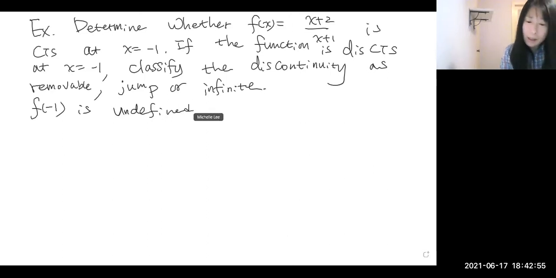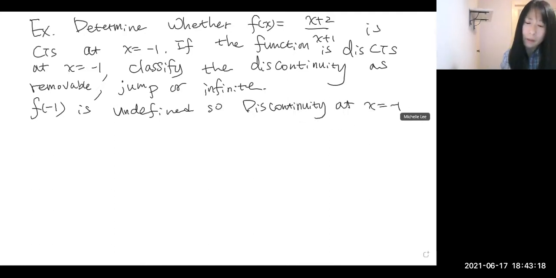Okay, since this is a discontinuity at x = -1, we have to think about: is it removable, jump, or infinity?